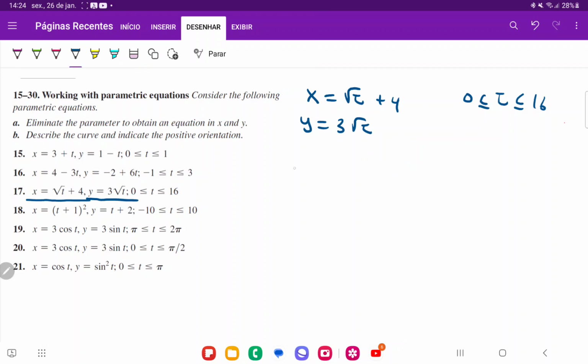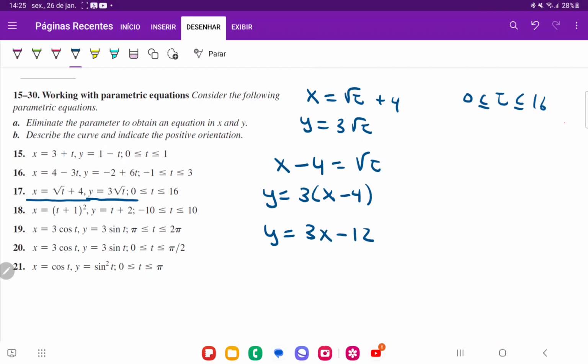So we're going to take the x equation and isolate root t, so x, and I'm going to bring the 4 to the other side, x minus 4 is equal to root t, and then we plug in the value of root t into the y equation. So y is going to be equal to 3 times root t, and root t is just x minus 4, which therefore means that y is equal to 3x minus 12.